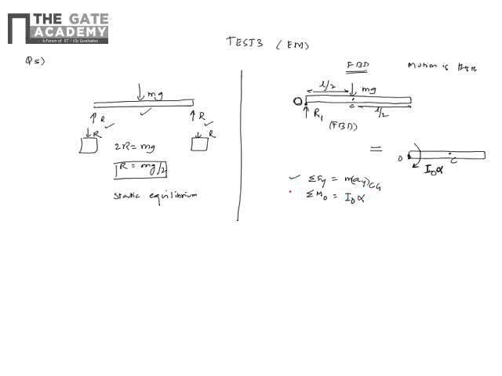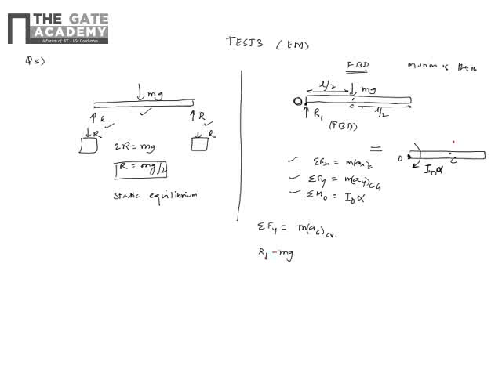These are the equations. Horizontally you don't have forces, otherwise we would have written the horizontal equation as well. So the first equation is basically 0 equals 0. Now the second equation, sigma Fy is mass into the acceleration of Cy. Sigma Fy has only the upward force R1 minus mg.